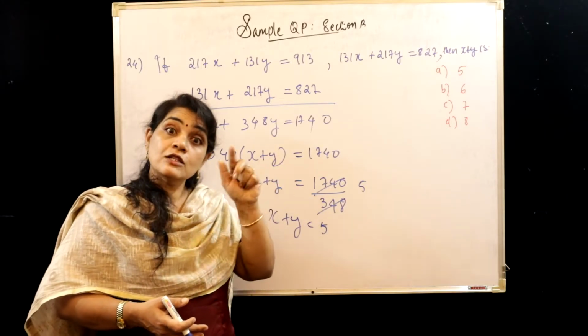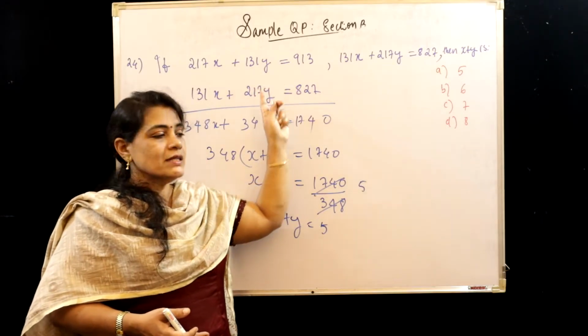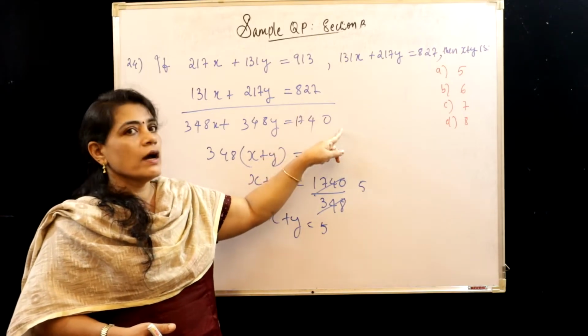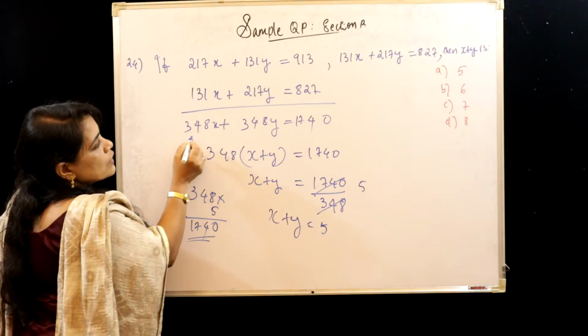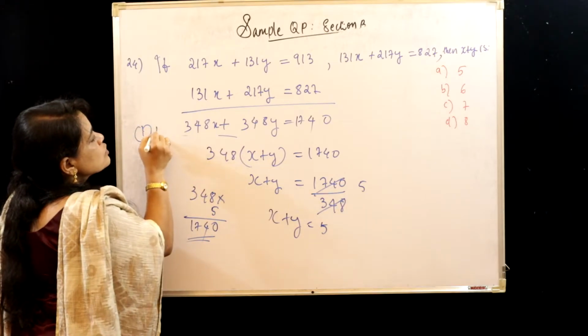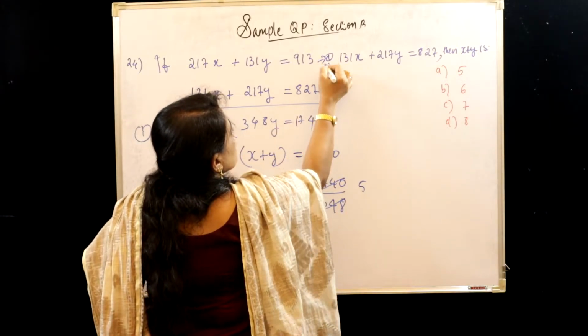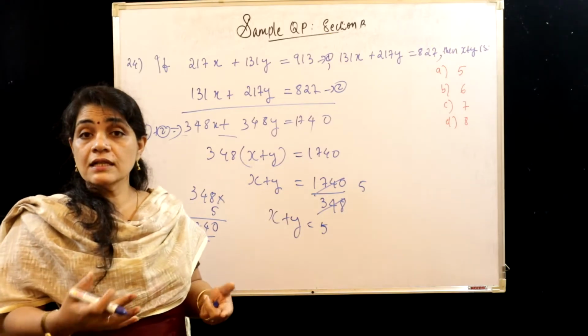If x minus y is asked, what do you have to do? You have to subtract these two. That means here, instead of x plus y, you will get x minus y. That is 1 minus 2. This is equation number 1 and this is equation number 2. So the same question can be asked in 3 different ways.